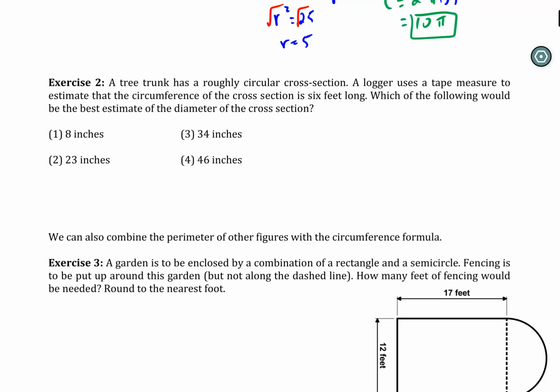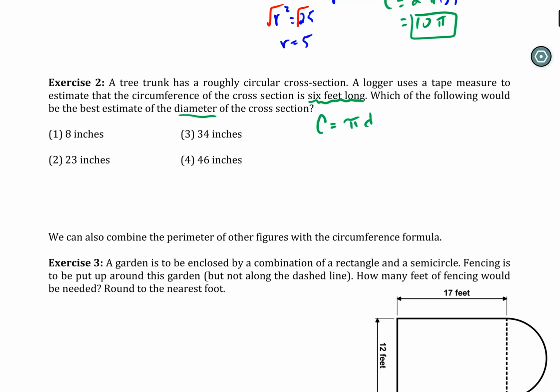In order for us to determine the diameter, the circumference is equal to pi times D, since in this case we want the diameter, so I'm going to keep it as D. We know that the circumference is approximately 6 feet long. So the 6 is going to go in for C. But notice all of my answer choices are in terms of inches.